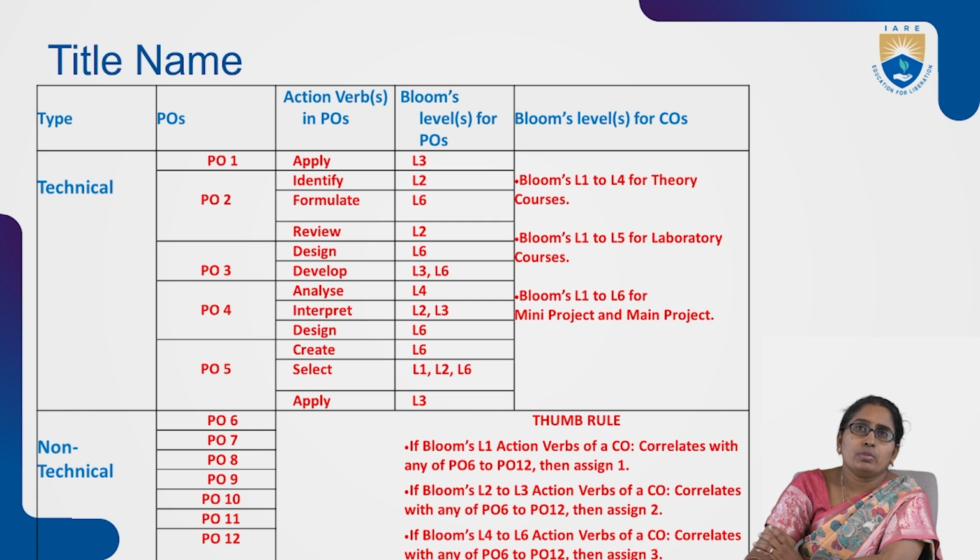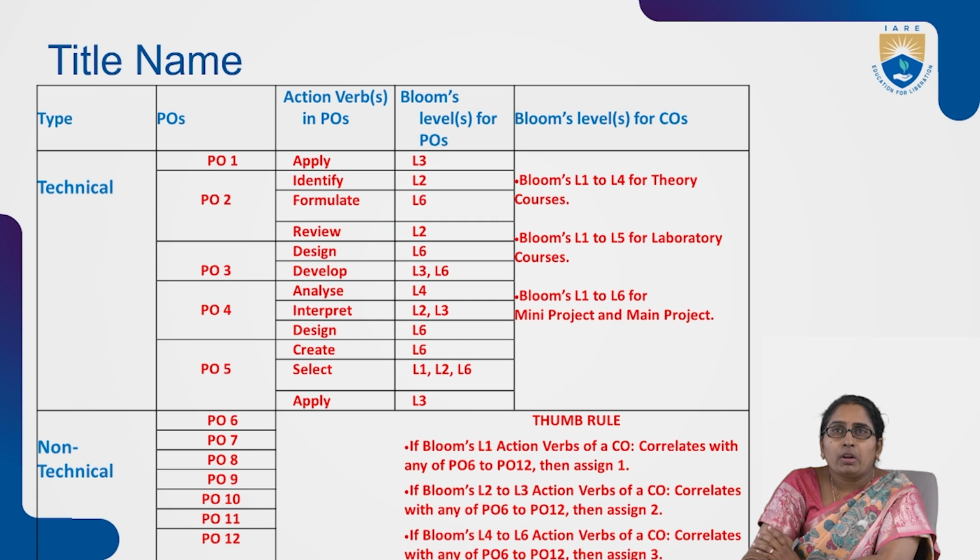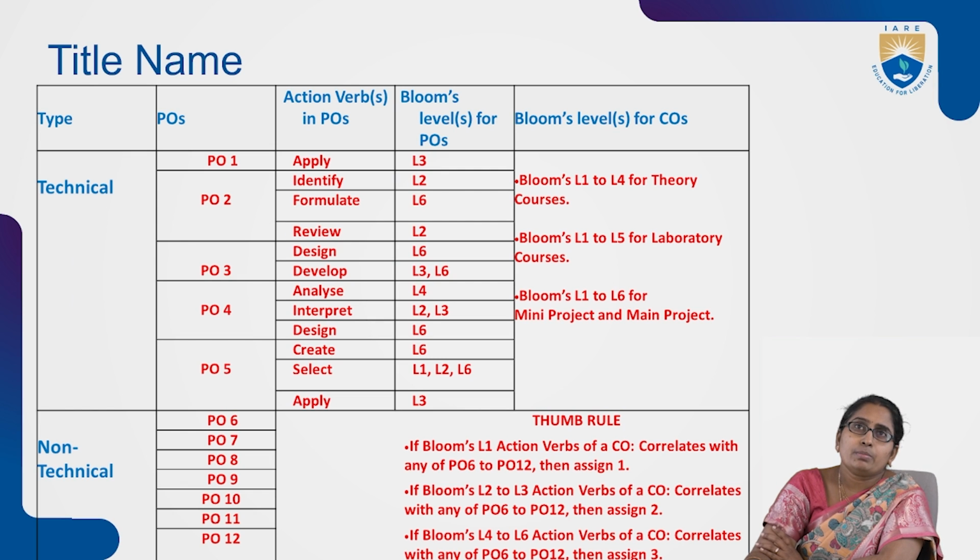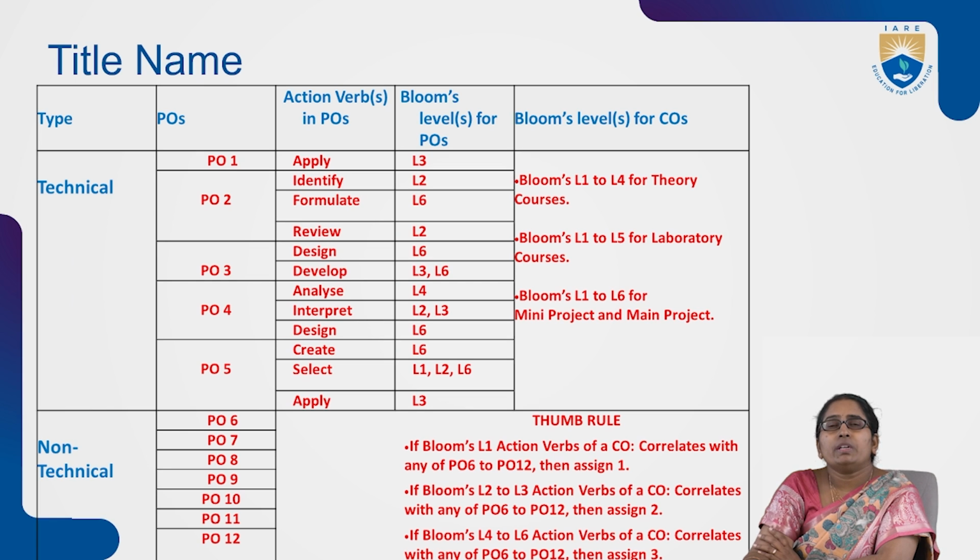First Bloom's level is knowledge, second is understand, third level is apply, fourth level is analyze, fifth one is evaluate, sixth one is create. So these are the six Bloom's levels. They have mentioned accordingly for each PO what its Bloom's level is.